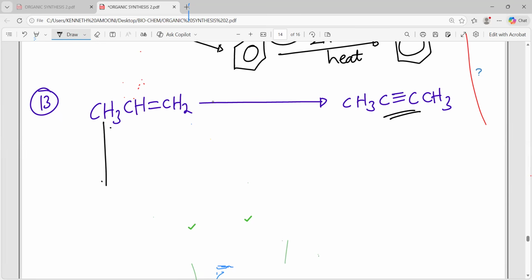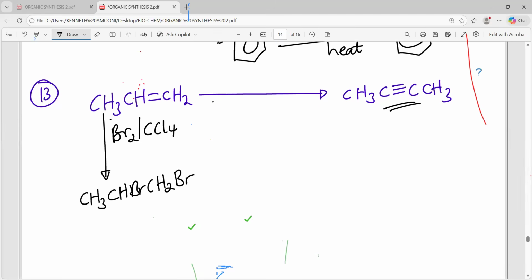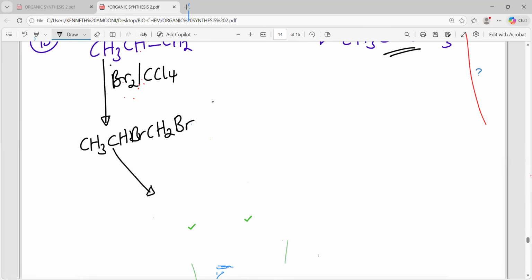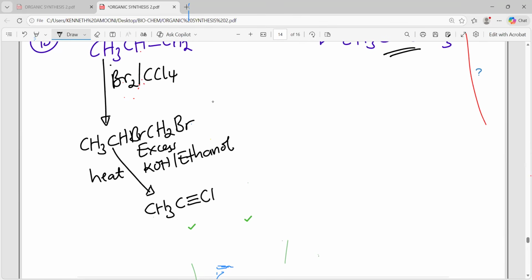So I can first add bromine in the presence of carbon tetrachloride to form CH3CHBrCH2Br. Then I'm going to dehydrohalogenate this using excess potassium hydroxide in the presence of ethanol, and then I heat. So I'll form CH3C≡CH.